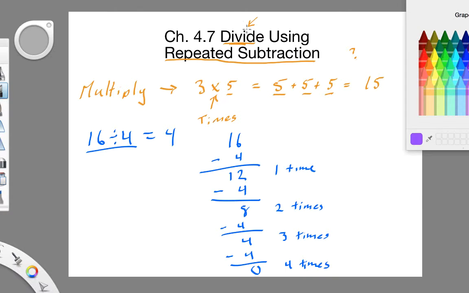Oh, I wanted a straight line. Okay. The other method, it's not really another method, but we're going to look at number lines. We often do that. Bear with me here.